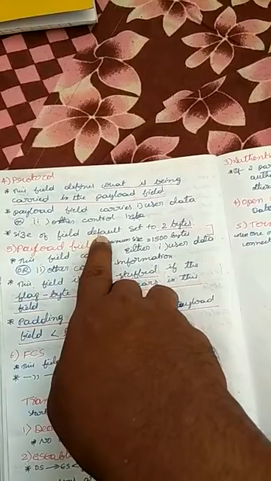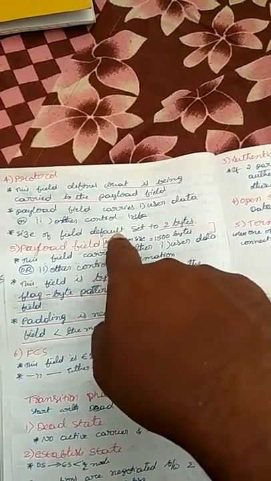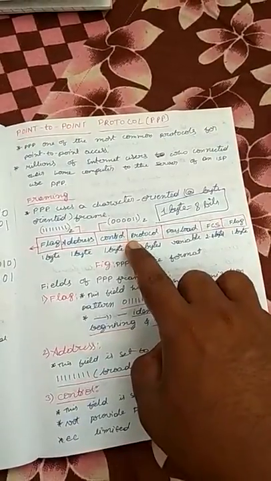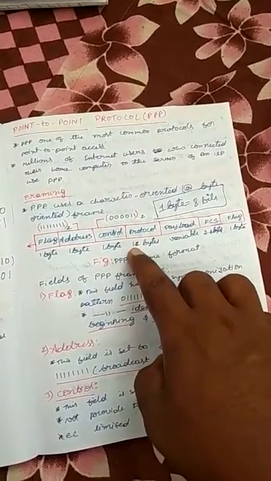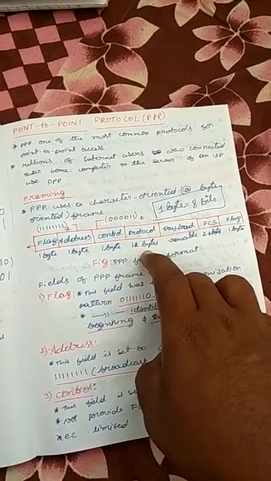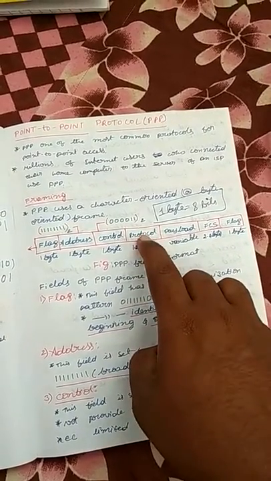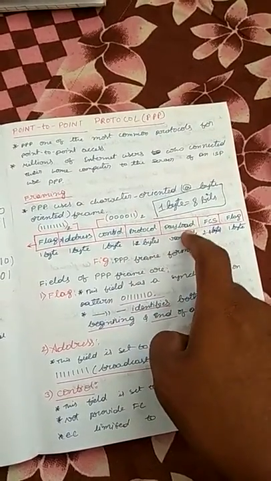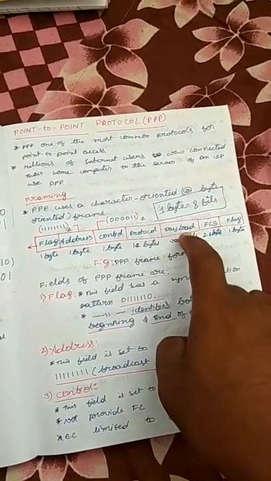The size of this field is by default set to 2 bytes, which means the size of the protocol field is 1 to 2 bytes. It tells what the payload should carry.